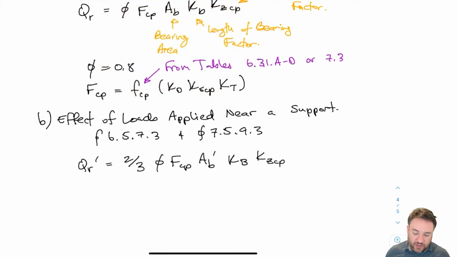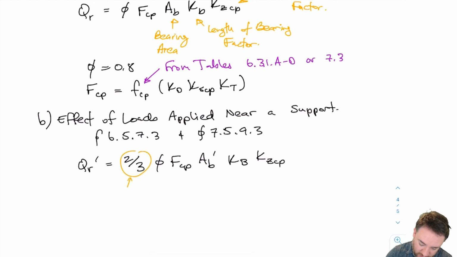So for effective loads applied near a support, we have an almost identical equation. We have a prime, a little dash on the QR, so it's QR prime, just to indicate that it's different than the QR. And we have this factor, first of all, 2/3, which is different. This is the factor to account for the squeezing, right?